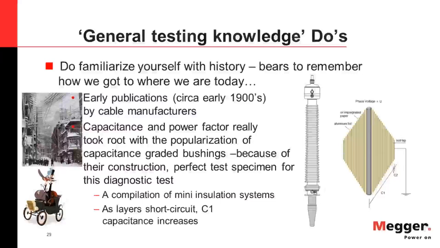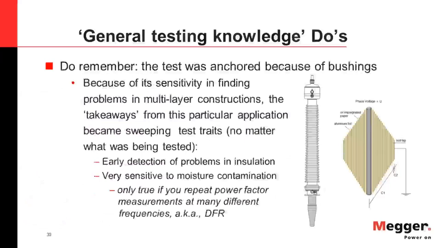So do remember that the test was anchored because of bushings. And this is significant because the takeaways from that specific application, bushing testing, became sweeping power factor test traits, no matter what was being tested. So earlier detection of problems in bushing insulation, meaning earlier than what was possible with DC insulation resistance measurements, became simply early detection of problems in insulation, which in some applications is really grossly overinflated.